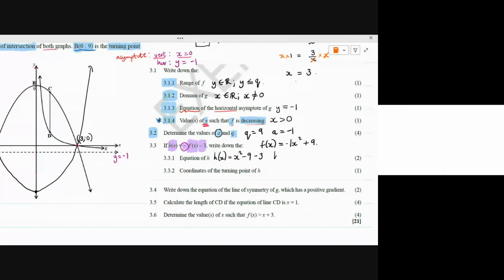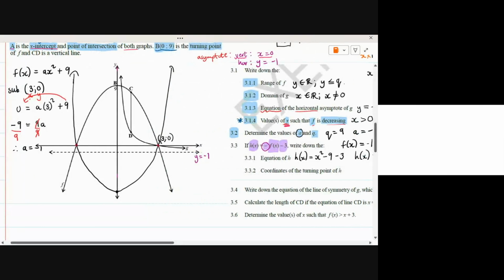It's just going to be h of x is equal to x squared -9 -3 will give me -12. All right, so my whole graph, just exactly the way it is, has just been moved down 3 values. Yes, it's just been shifted down by 3.